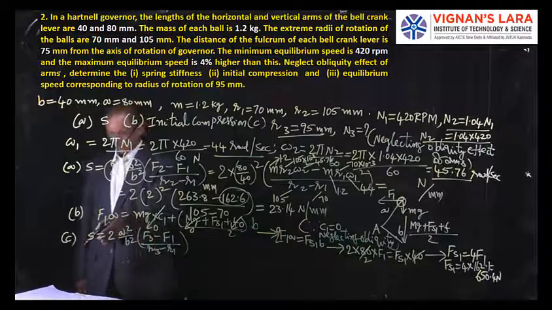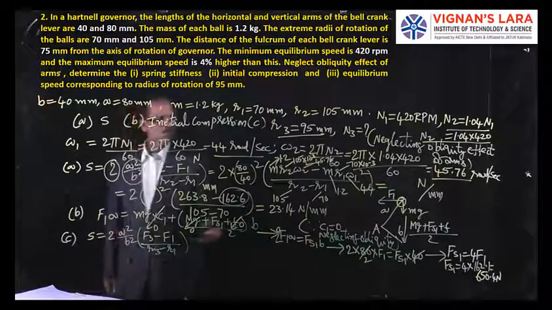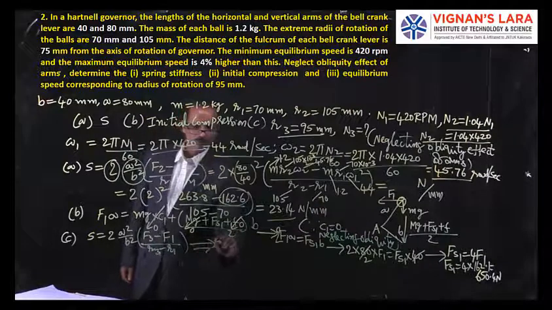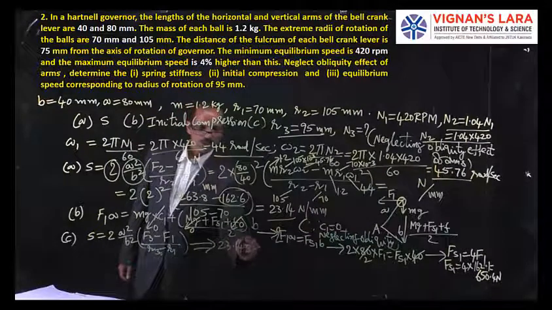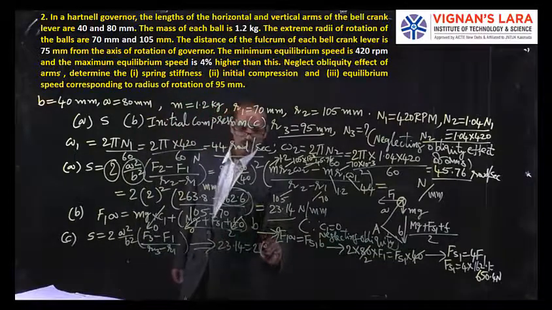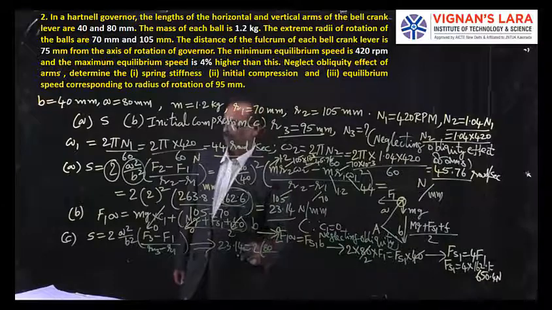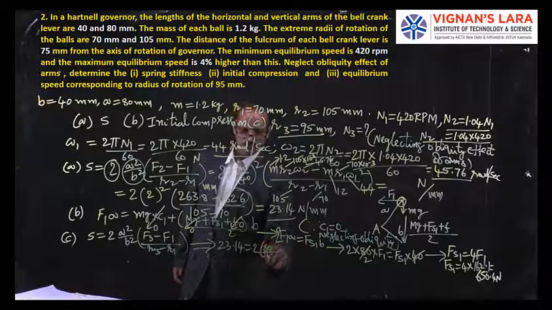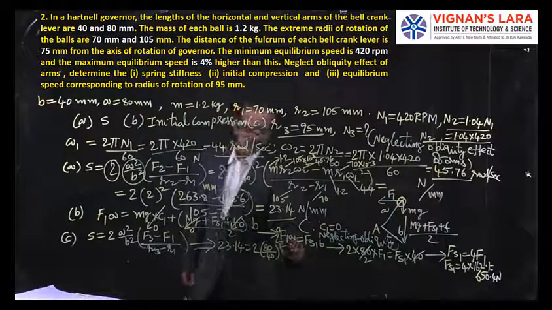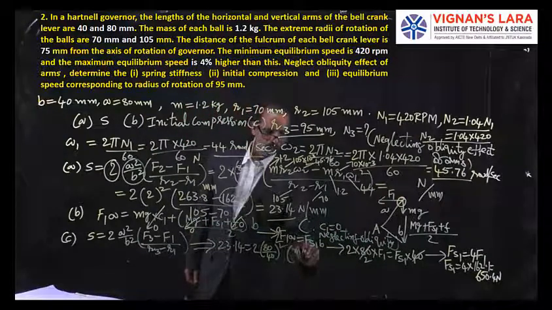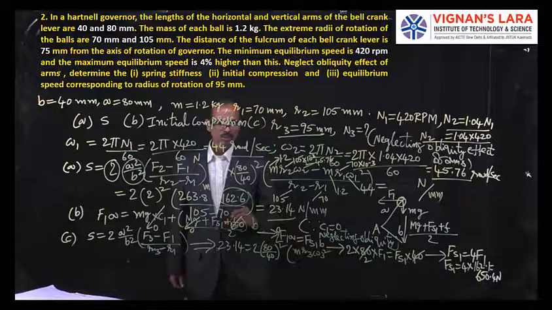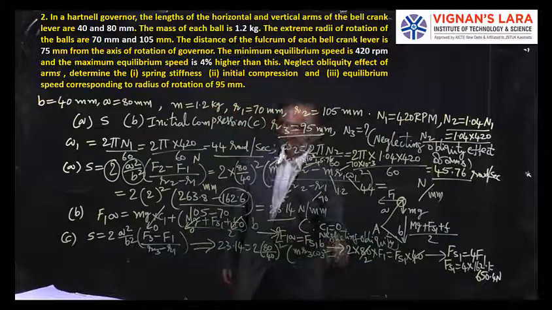Already I know the value of S. What is the value of S? 23.14 into 2a square by b square. A is 80, b is 40, whole square. F3, what is F3? m R3 omega 3 square, minus F1.